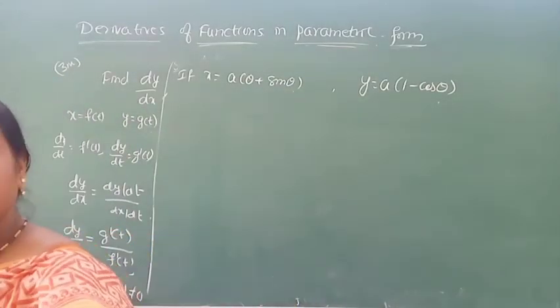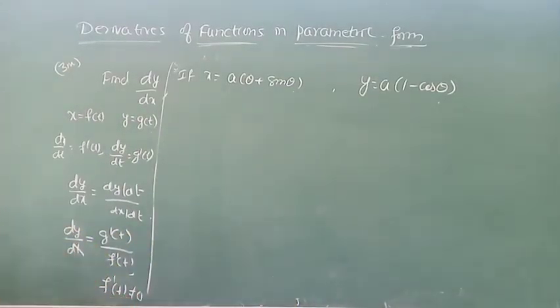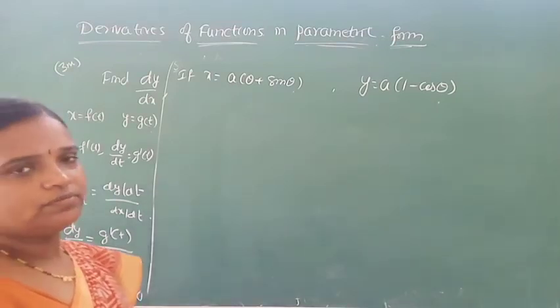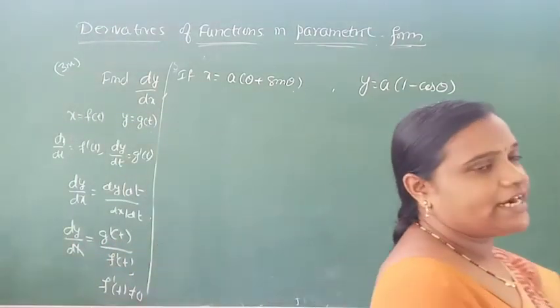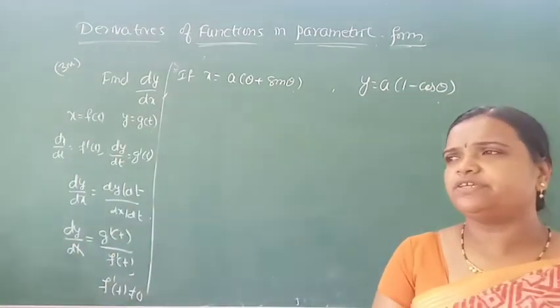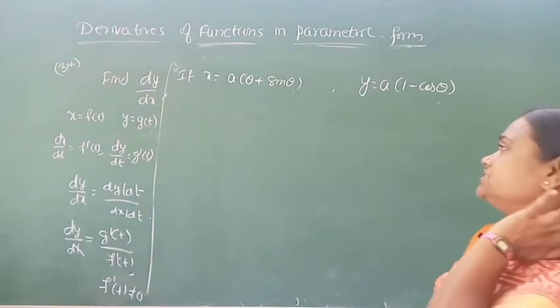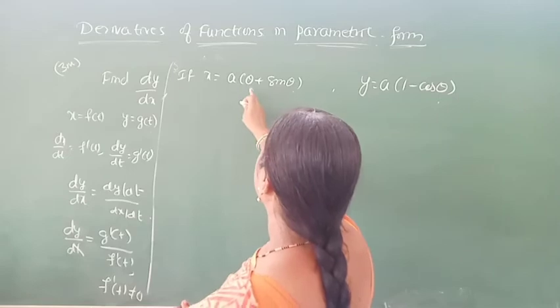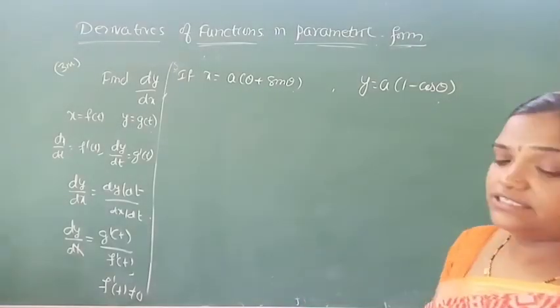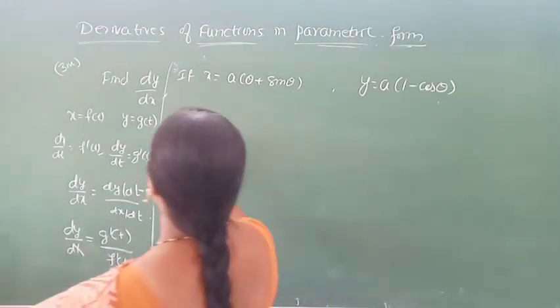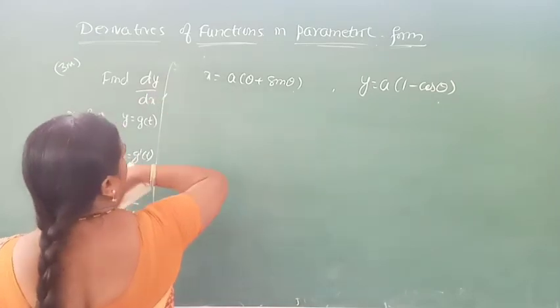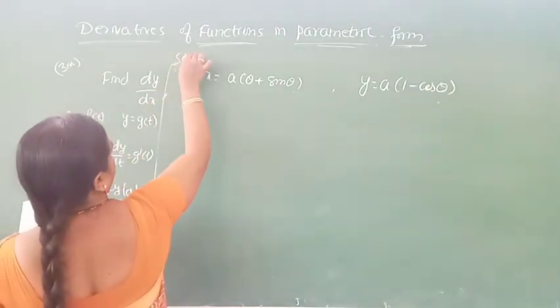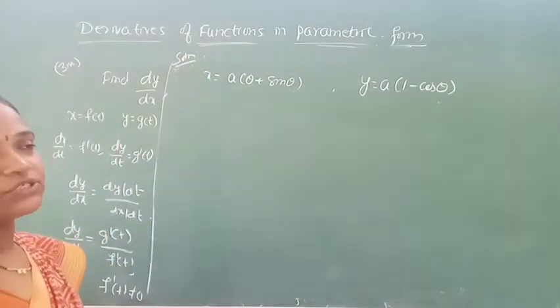Okay, this is the given example, and usually in parametric form they will give a 3 marks question, and a parametric based example is a fixed question. We will take the solution. Just concentrate here.